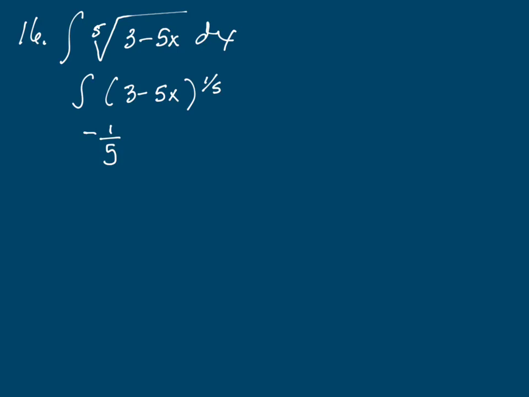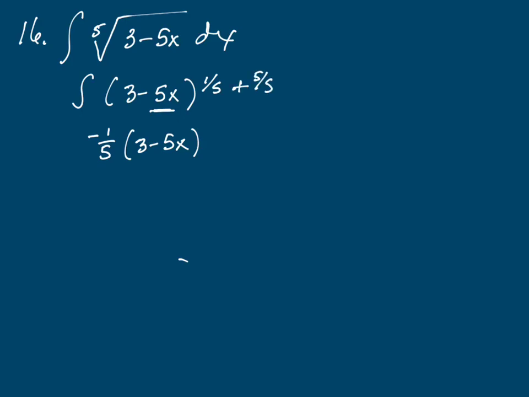Well, it's really just, if you're working on it, it's going to be this inside, right? Which would be the baby, which would be a negative 5. So if you have to counteract that, it would be negative 1/5. And then you would do 3 minus 5x. And then you have to multiply that by, or add, 5 over 5.